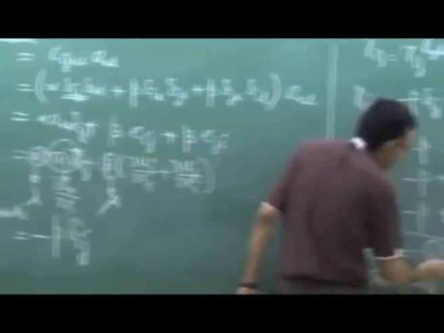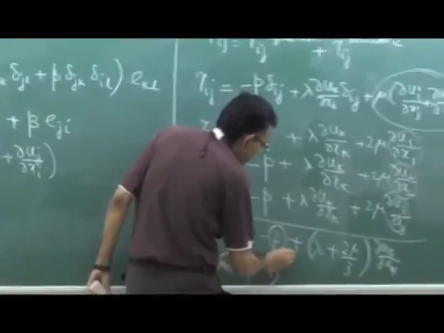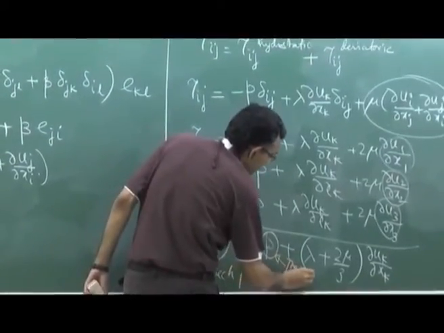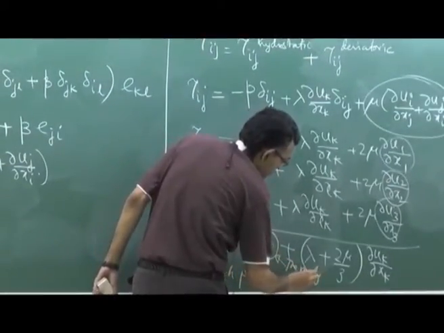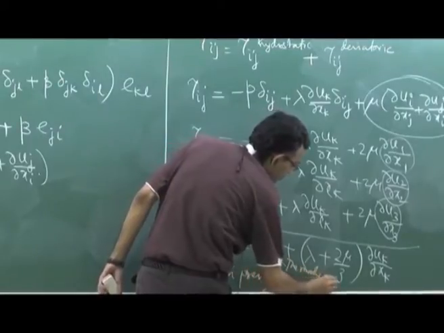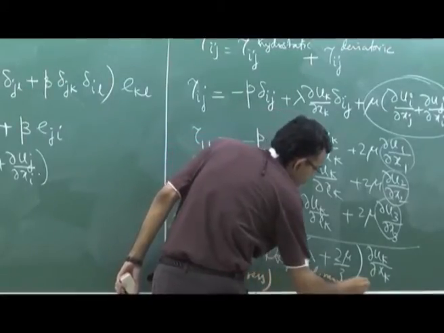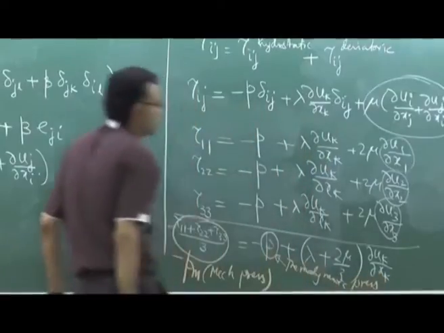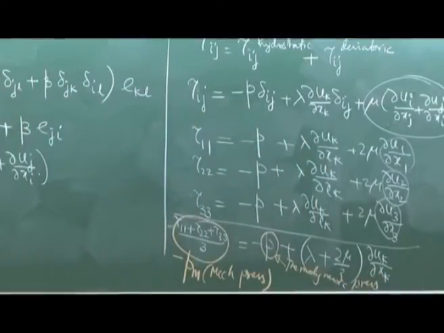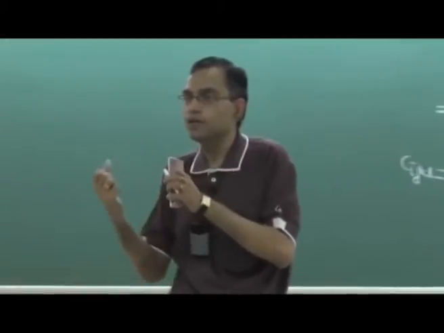This P on the other hand is called as thermodynamic pressure. So what is thermodynamic pressure? Thermodynamic pressure is the pressure that relates the thermodynamic other parameters through the equation of state.